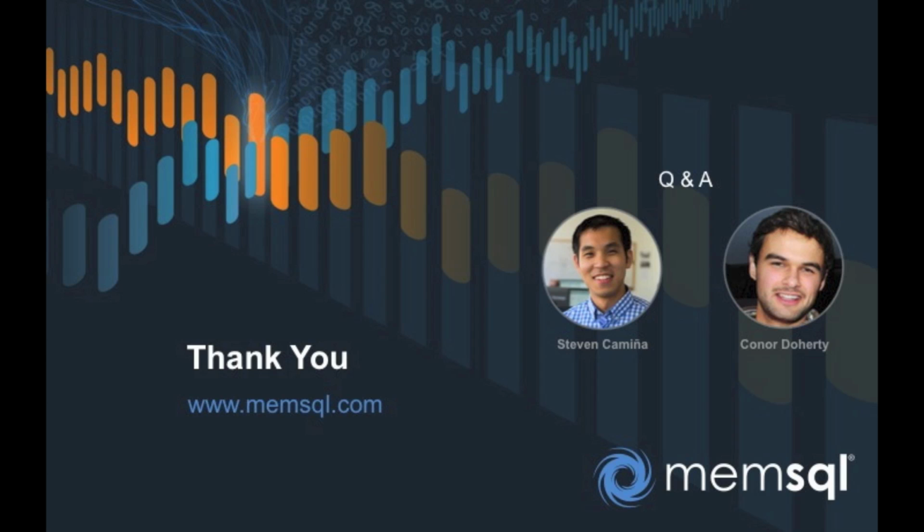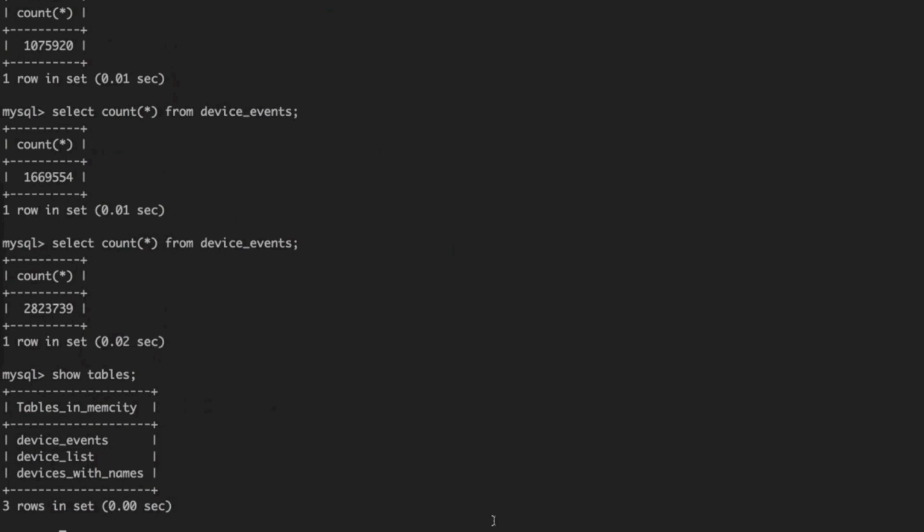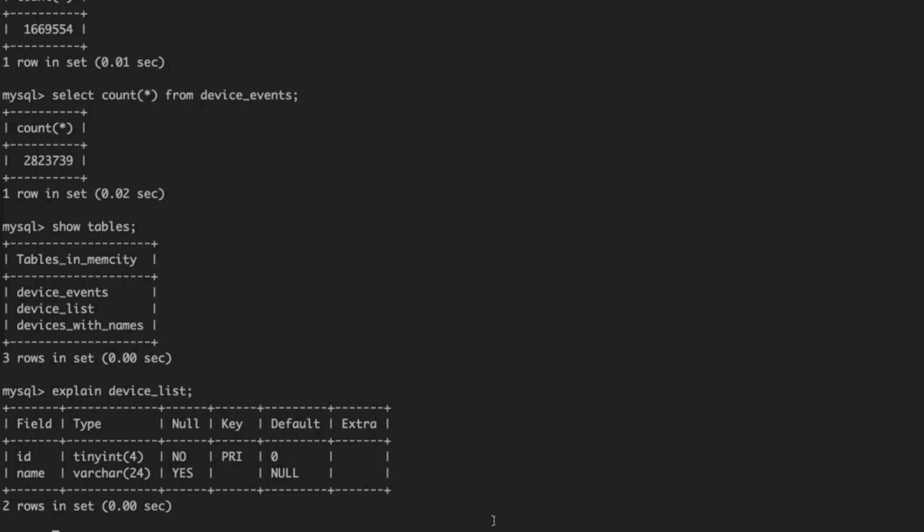And actually, in our demo, I can show you. The way that I have this demo set up, I have three tables. I have the device events table, which I showed you earlier, and then I have this device list table, which in BI terminology is a dimension table. It's very small. It just has the list of device IDs and the names of the devices. And the way that I'm populating these Zoomdata charts is with a view, which is the devices with names view.